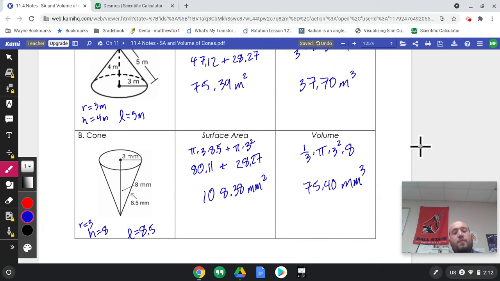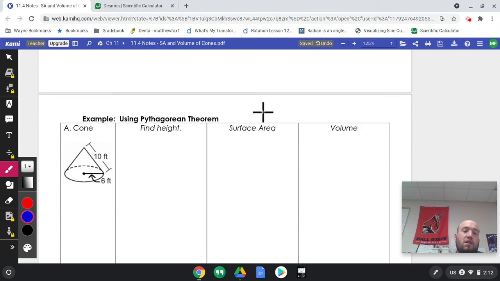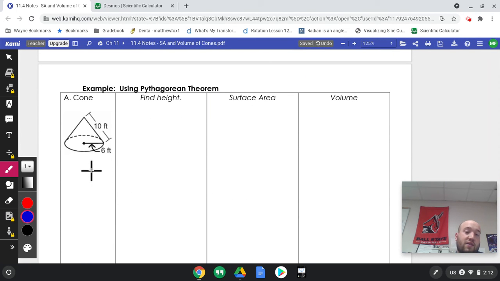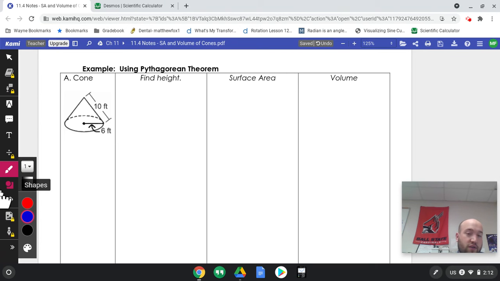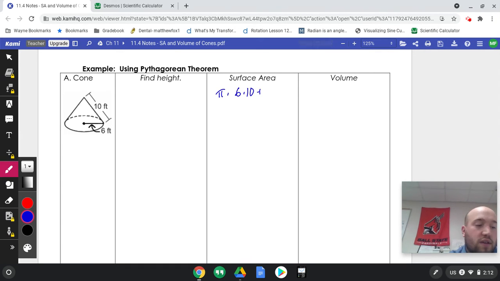Okay, one type of cone I want to look at, one final problem. On this one, we don't have the height. Now, in order to find the surface area, we don't need the height. We can just do pi times radius times the slant height plus pi times the radius squared.